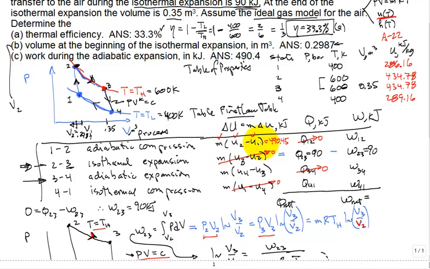All right. Well, what did that buy for us? Well, when you look at the equation for the first law for the process 1 to 2, you have delta U equal to Q, which is 0, minus the work. And so what we can deduce is this work 1 to 2 is negative 490.45. How do we do that again? The first law for the process 1 to 2. We're able to calculate what's on the left-hand side of the equation, and then we have equal sign Q and then minus the work.